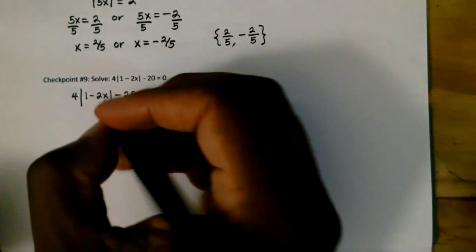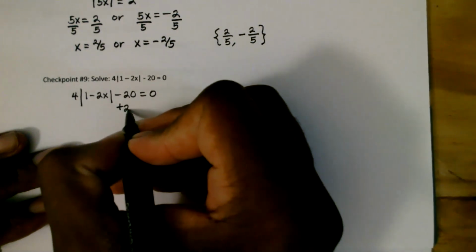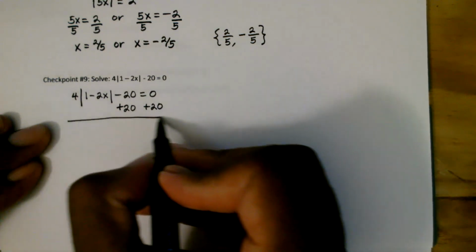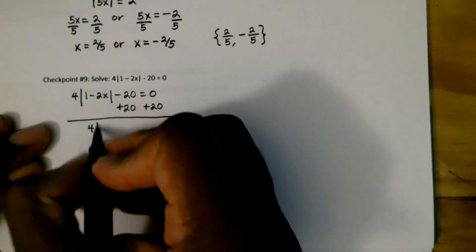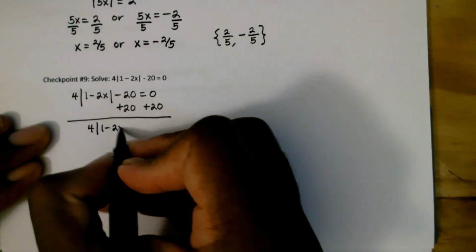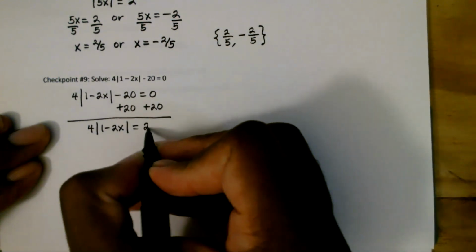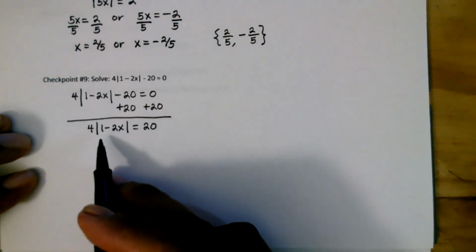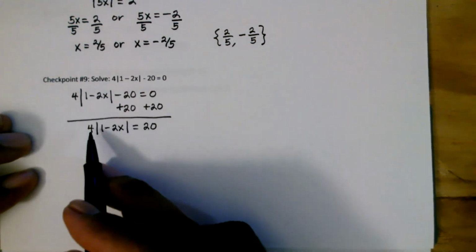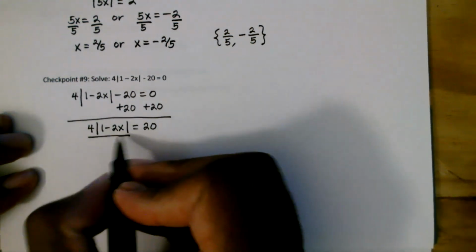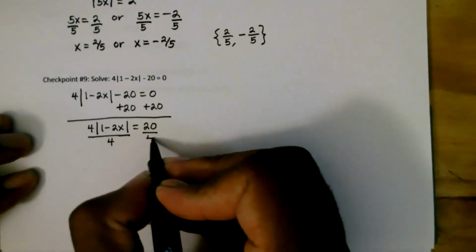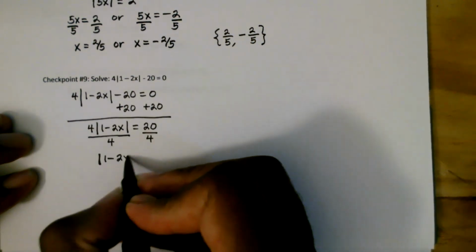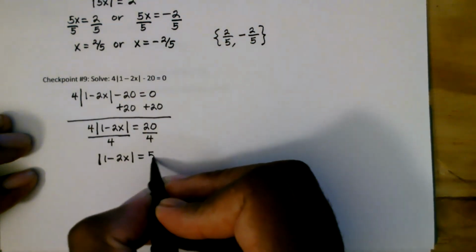Let's get rid of the minus 20 by adding 20 on both sides. So I have 4 times the absolute value of 1 minus 2x is equal to 20. Still, I need to get the absolute value of 1 minus 2x by itself. I'm multiplying it by 4, so I need to divide both sides by 4. So the absolute value of 1 minus 2x is equal to 5.